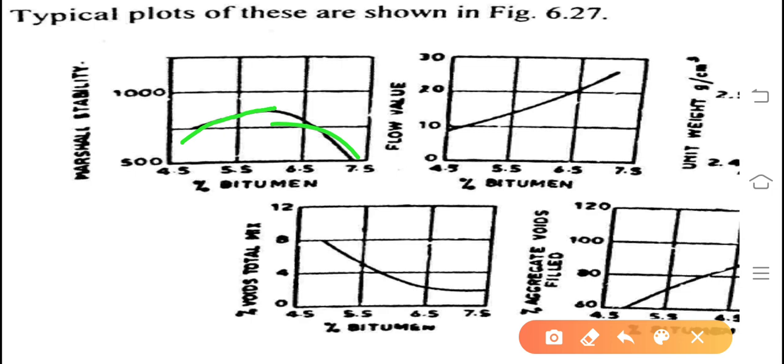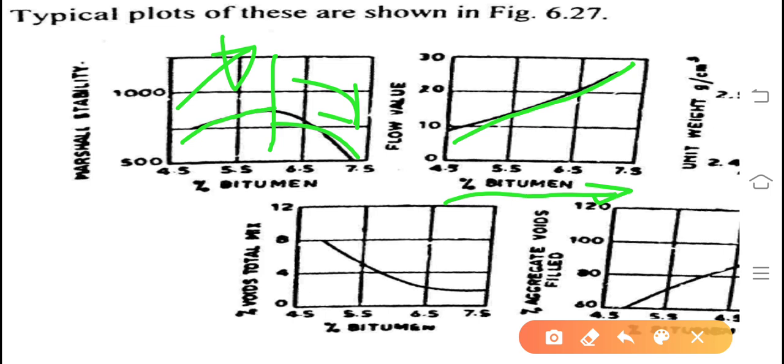In the second graph, flow value versus percentage bitumen. As the bitumen increases, naturally it becomes loose. Therefore, flow value also increases. Here it increases up to a certain extent and then falls down. Increase, decrease. Whereas here it is a continuous increase.